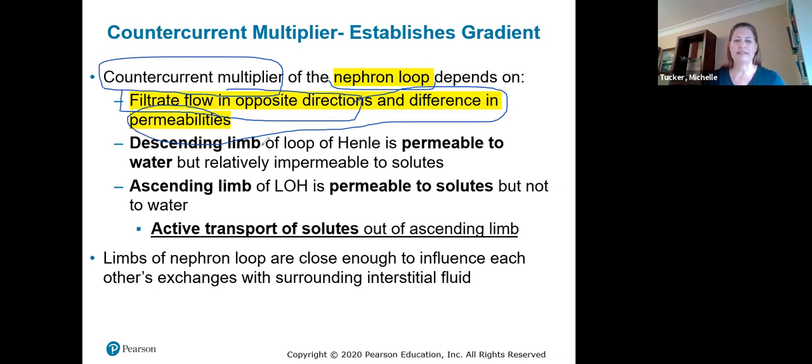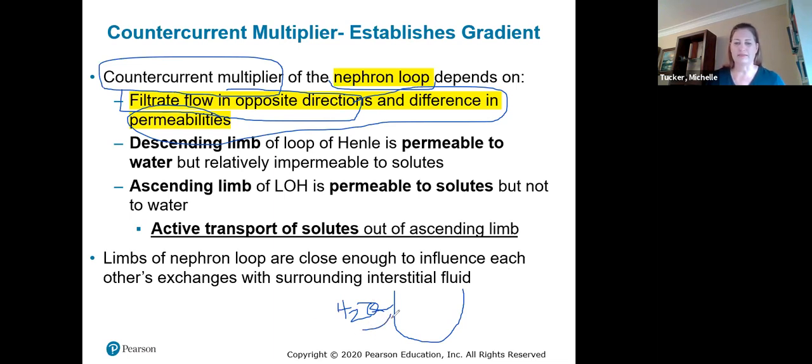The descending limb is permeable to water, so water can leave through the paracellular route or through aquaporins.